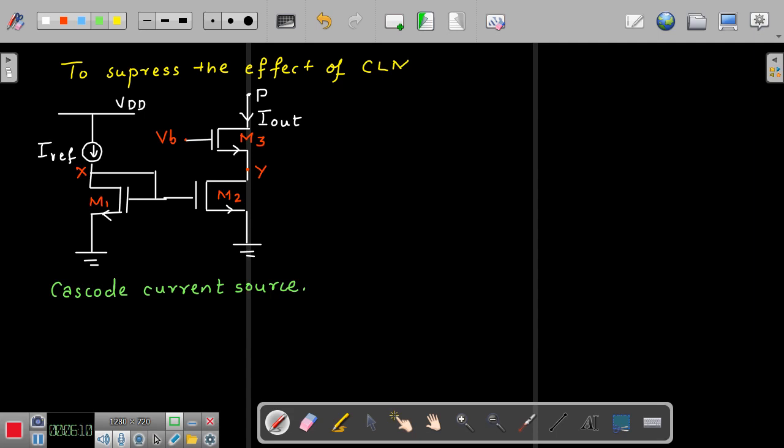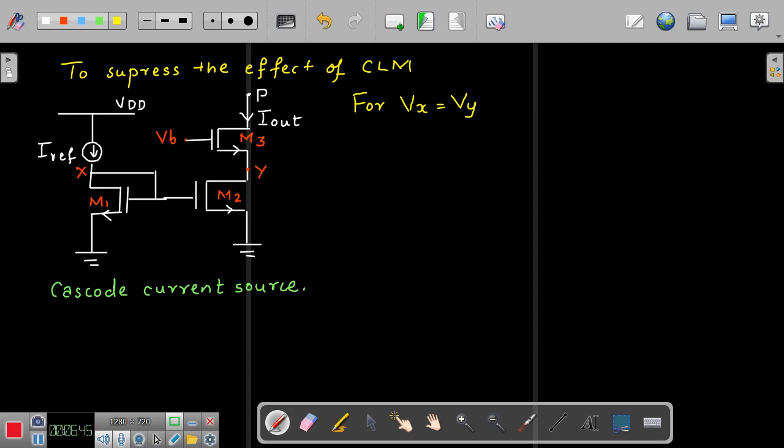Now if you want to suppress the effect of channel length modulation, what I need to do is consider one more device here, which is M3, right? My requirement is for Vx to be equal to Vy. As long as your Vx is equal to Vy, VDS1 will be equal to VDS2.